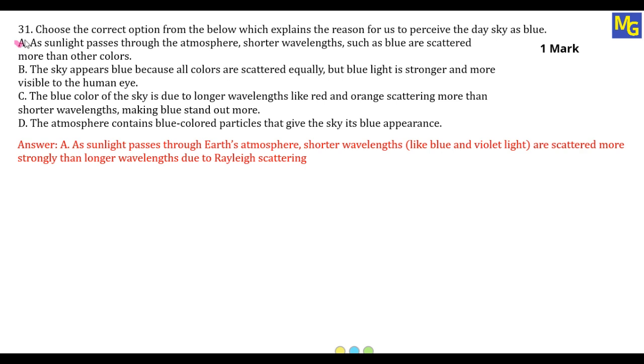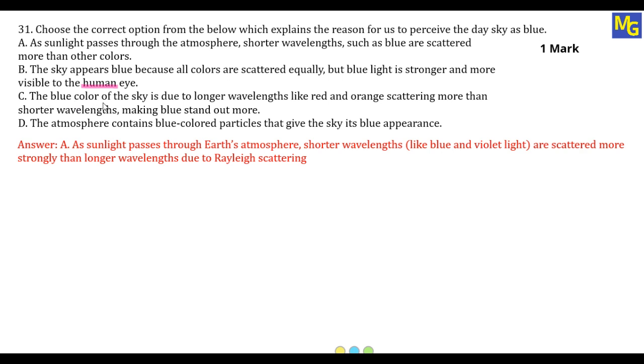So I'll read the first option A. As sunlight passes through the atmosphere, shorter wavelengths such as blue are scattered more than other colors. Option B. The sky appears blue because all colors are scattered equally, but blue light is stronger and more visible to the human eye.